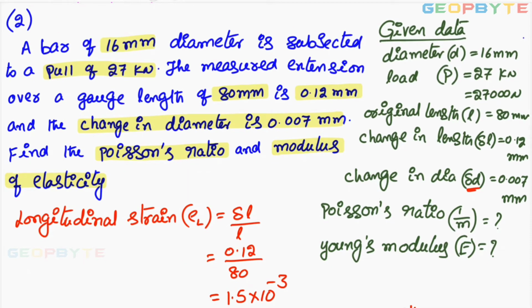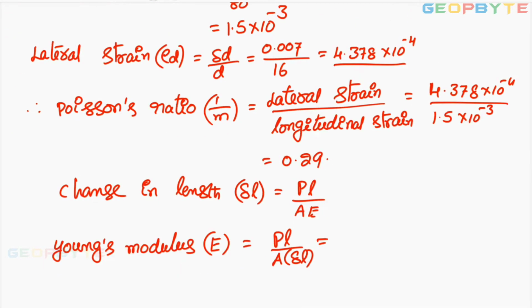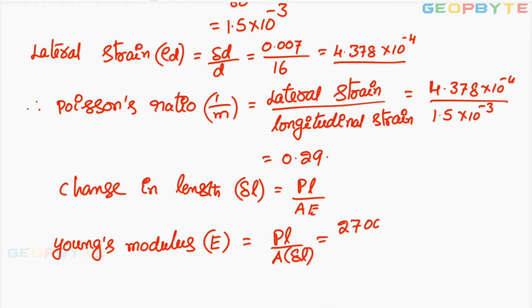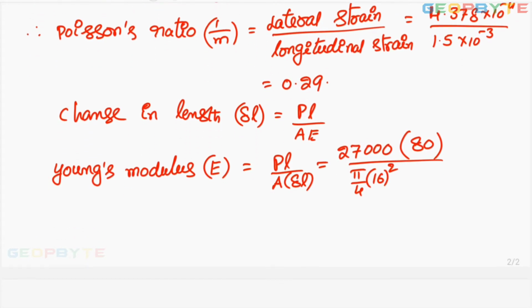This is the load, 27,000, into original length 80, divided by A equal to pi by 4 into d square, d is 16 mm, into delta L, the change in length, 0.12.